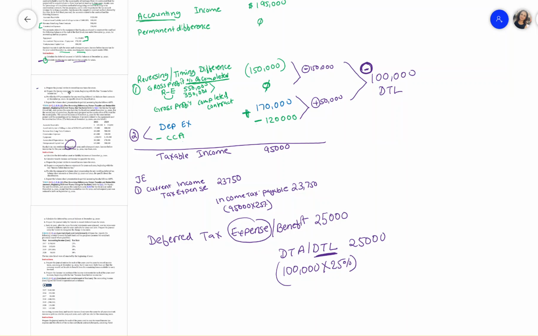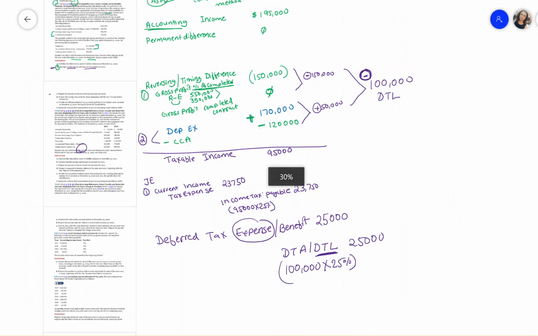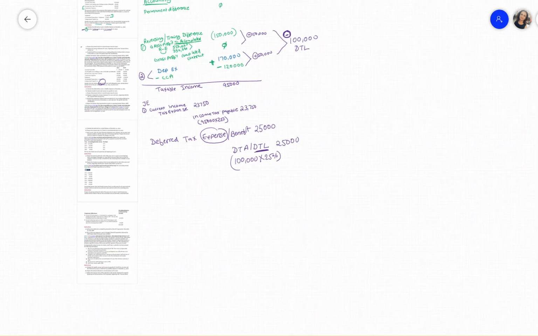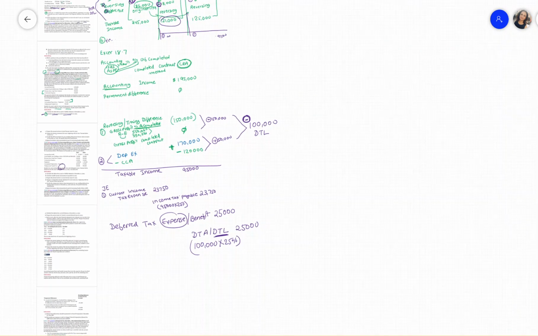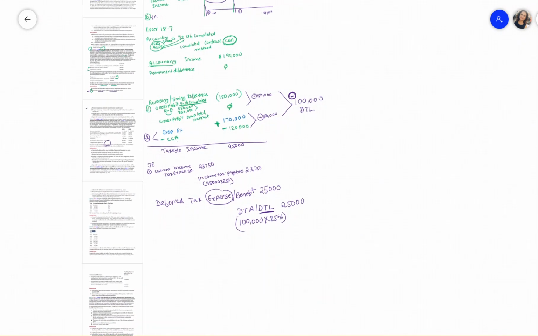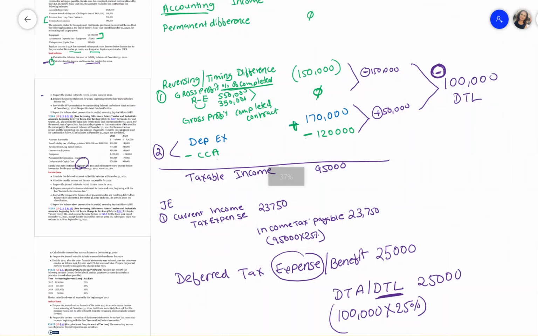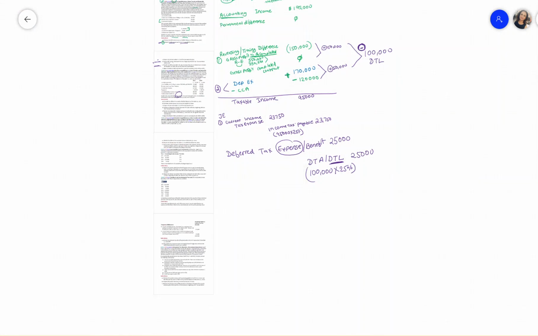Prepare the income statement for 2020 beginning with income before income tax. Sorry, I'm going to enlarge it. So they're saying prepare the income statement for 2020 beginning with the line income before income tax. So let's start with the line with the income tax.